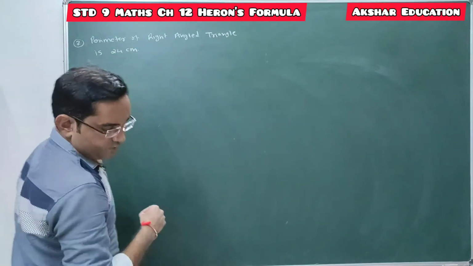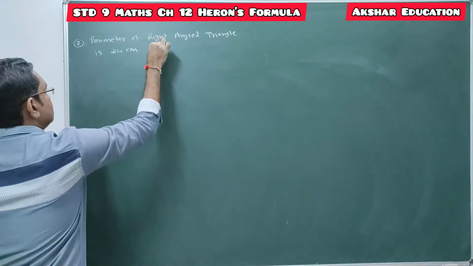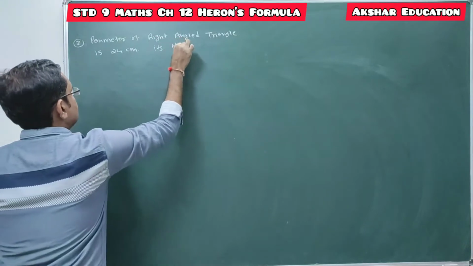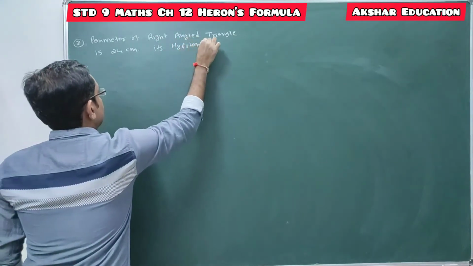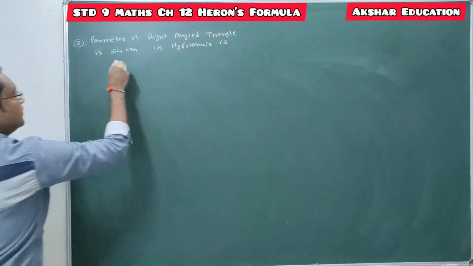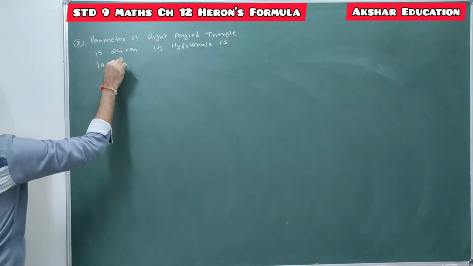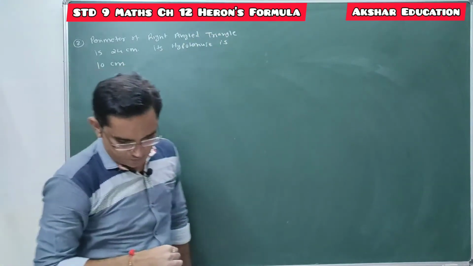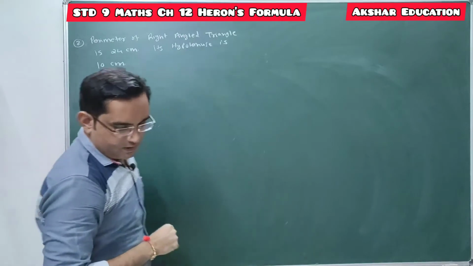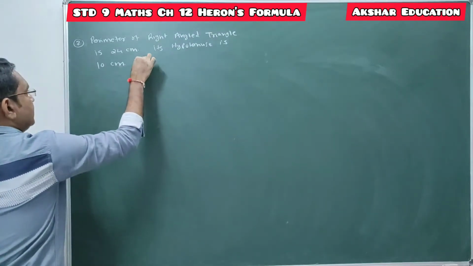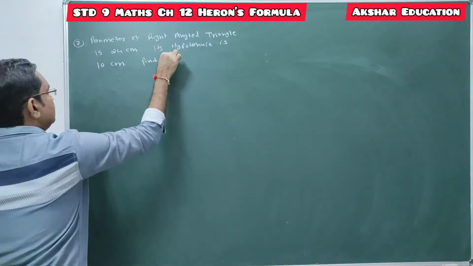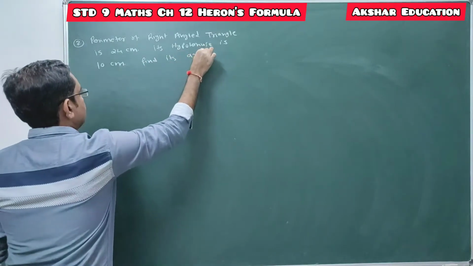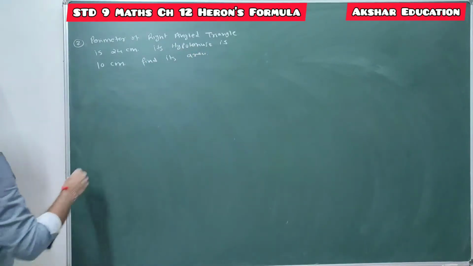Its hypotenuse is 10 centimeter. Find its area. You have to find the area of the right angle triangle.